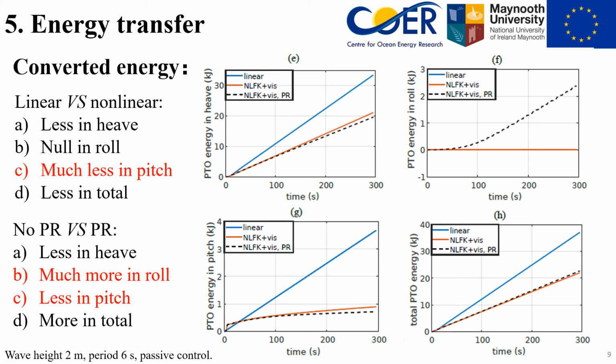In contrast to the captured power in roll, which is negative, the converted energy in roll is positive. Definitely, there is some power coming from other modes into the roll mode.